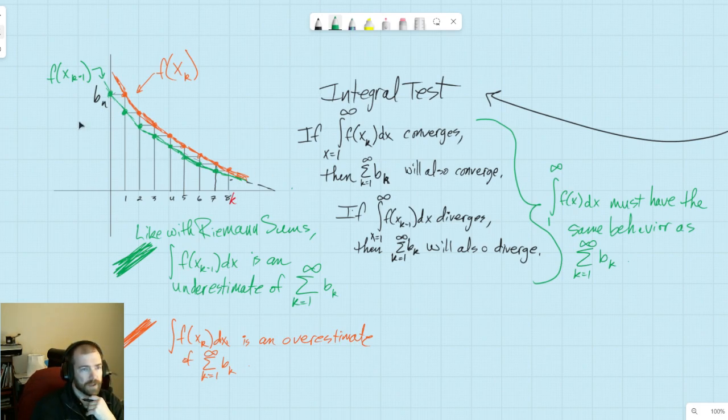What does that mean? That means in the green one, we're not actually taking account of this rectangle here, but that's it. That's the only thing that we're not counting, this entire rectangle. Which means that the two integrals, which look different, are going to differ by a finite amount.